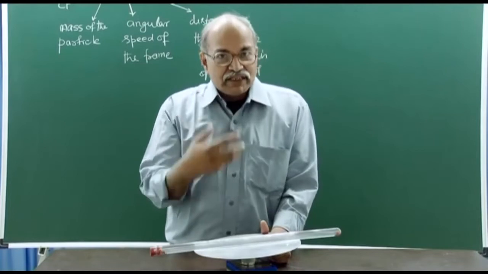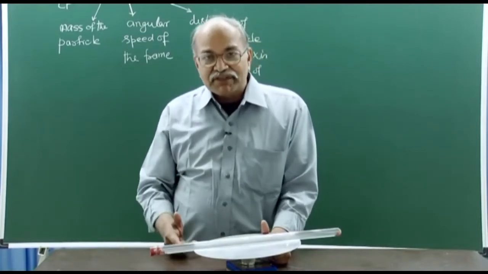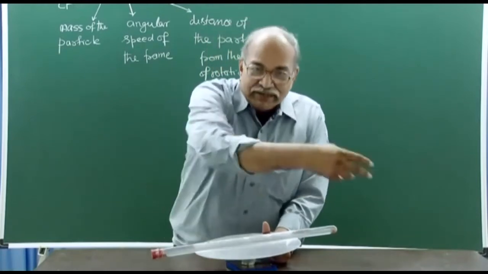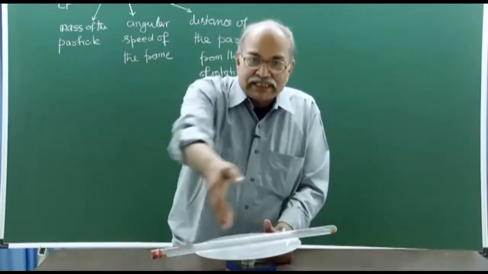If you analyze these things from the inertial frame of reference, then also you can see it. If water is rotating, now I am using the lab frame, so water is rotating.